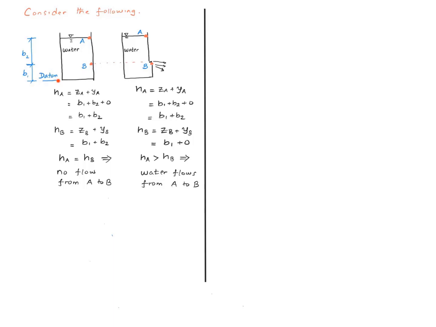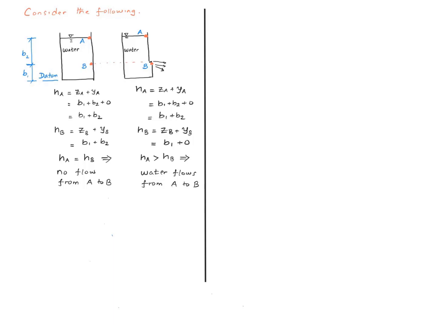All right, so I'm going to define a datum here, and let's just say this distance from here to here is B1, from here to here is B2, right? And then we go ahead and define the total heads at these 2 points. At point A, the elevation head is B1 plus B2, and yA, the pressure head, is 0 because this is exposed to atmospheric pressure.